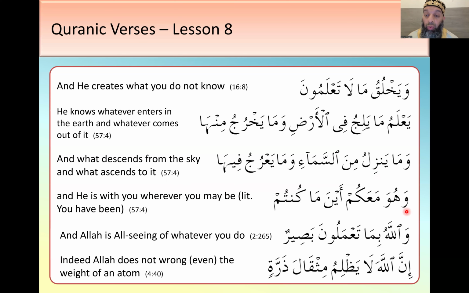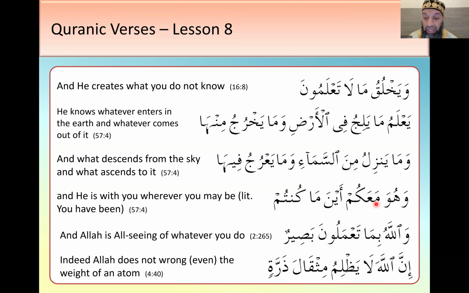Next one. Wahuwa. Now we've gone into another table. What does wahuwa mean? Okay, good. Wahuwa, and he. Ma'akum. Ma'a means with. Kum, you all. Remember, we've done all these.